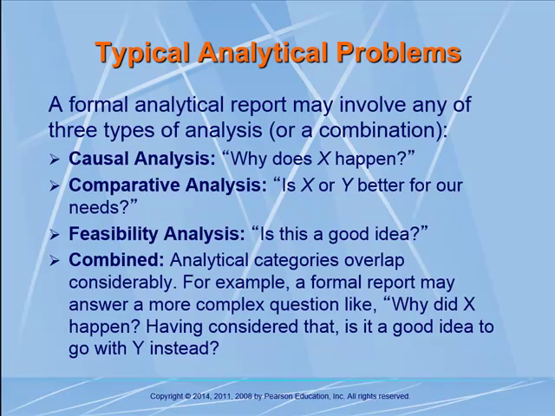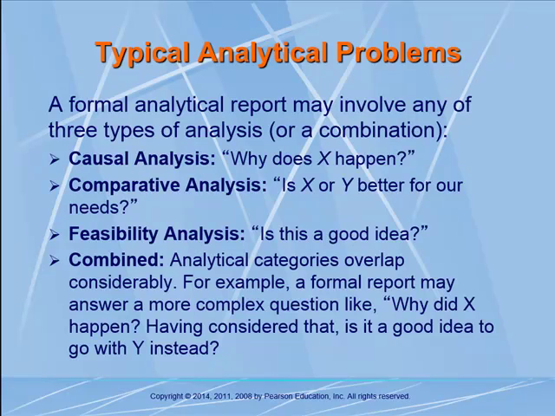A combination of these is probably the most common form you will see, because it's relatively rare that any complex problem will lend itself only to a single form of analysis. So for example, you might do a comparative feasibility analysis. In other words, you're comparing two possible courses of action, but part of the comparison will be how feasible each one actually is.